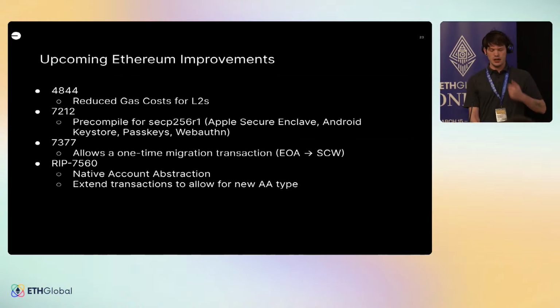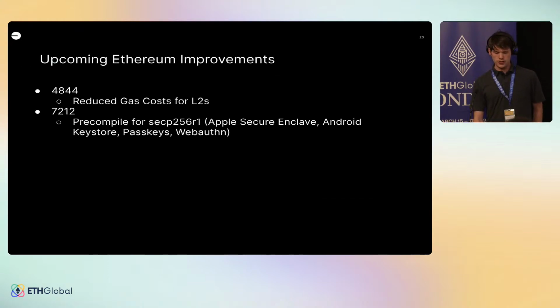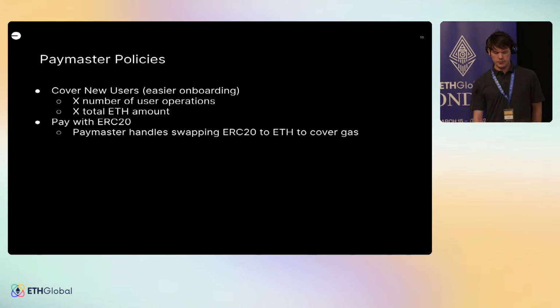Yeah, 100%. This is a proposal to change the default transaction type in Ethereum to include 2 or 3 new types that are AA specific. When I showed that user op example, there are new fields.